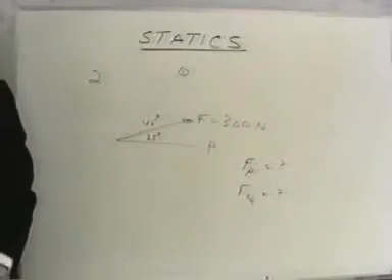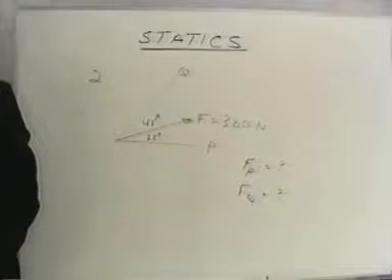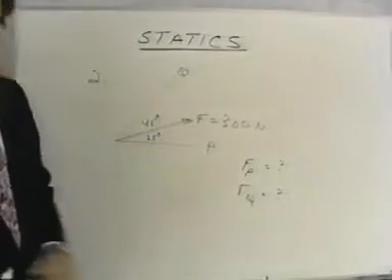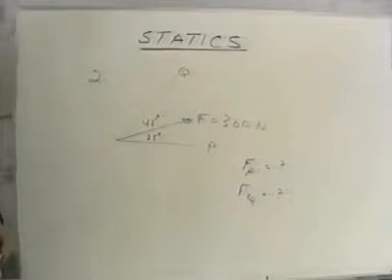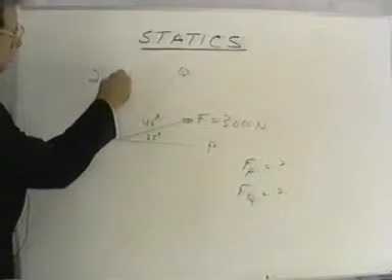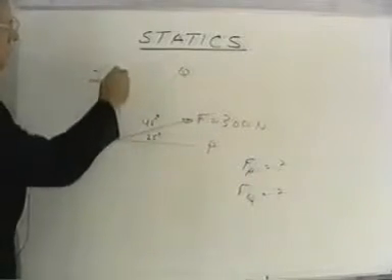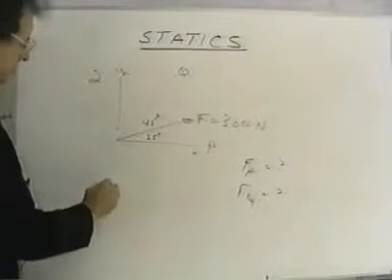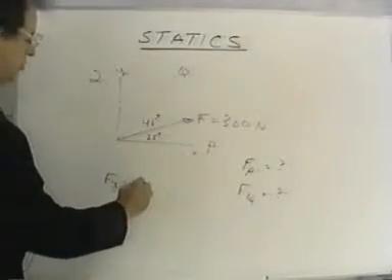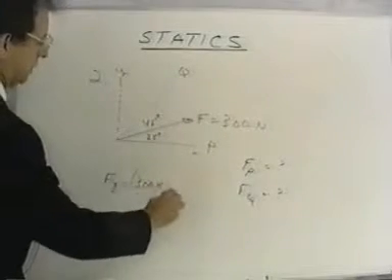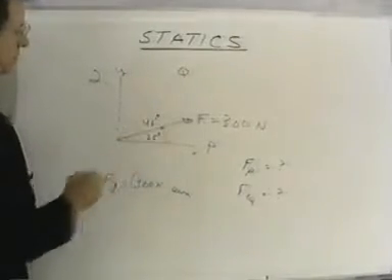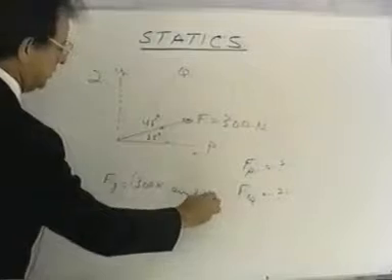Okay, in this next problem, we would like to resolve the 300 Newton force into two components, one along line P and the other along line Q. What we're looking for is F sub P and F sub Q. If we were to define an XY system, which we work with all the time, call this the y-axis and this the x-axis, we can resolve this force into an F sub y component, which is equal to 300 newtons times the sine of this angle in here, sine of 25 degrees.